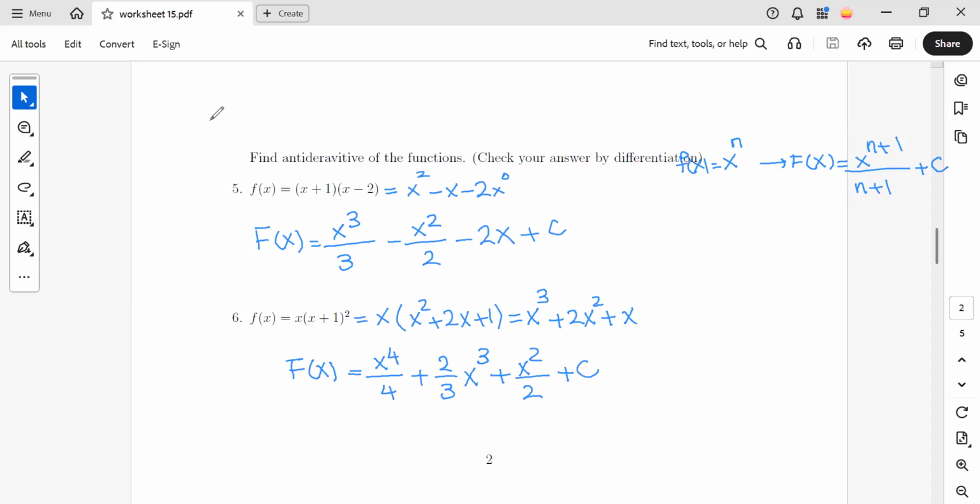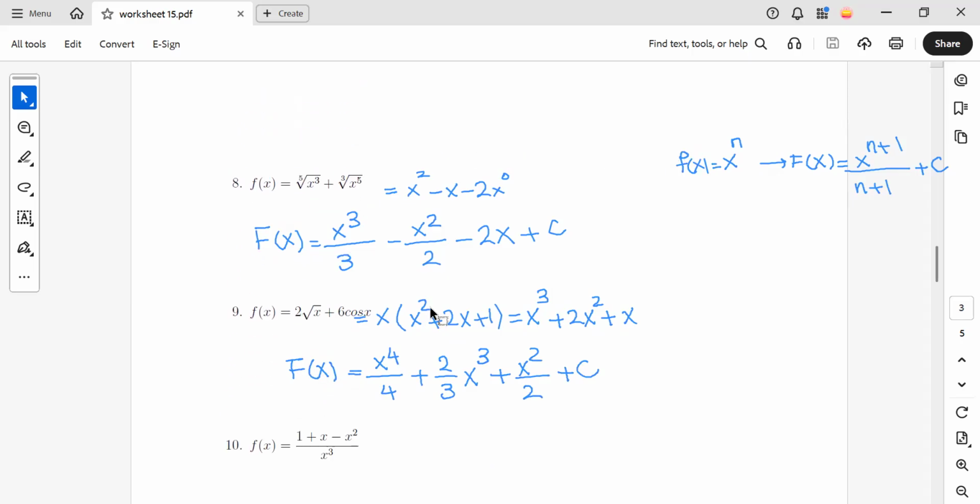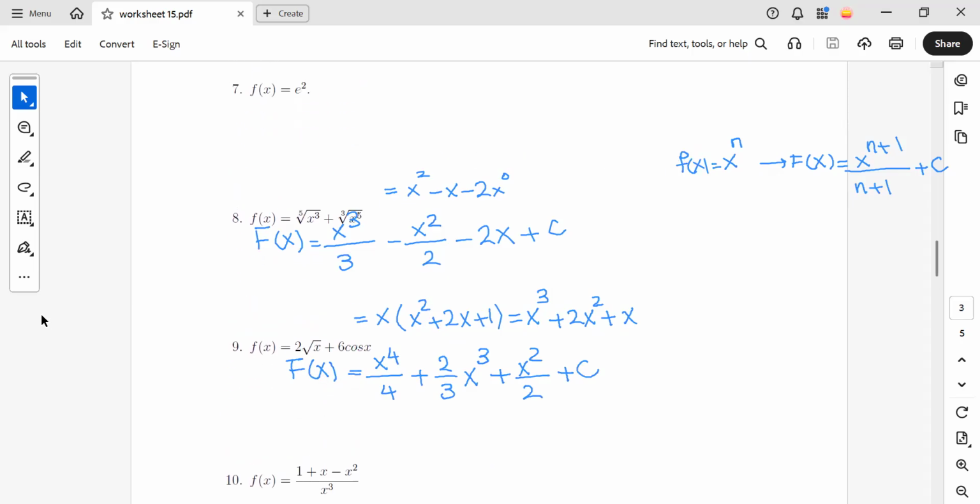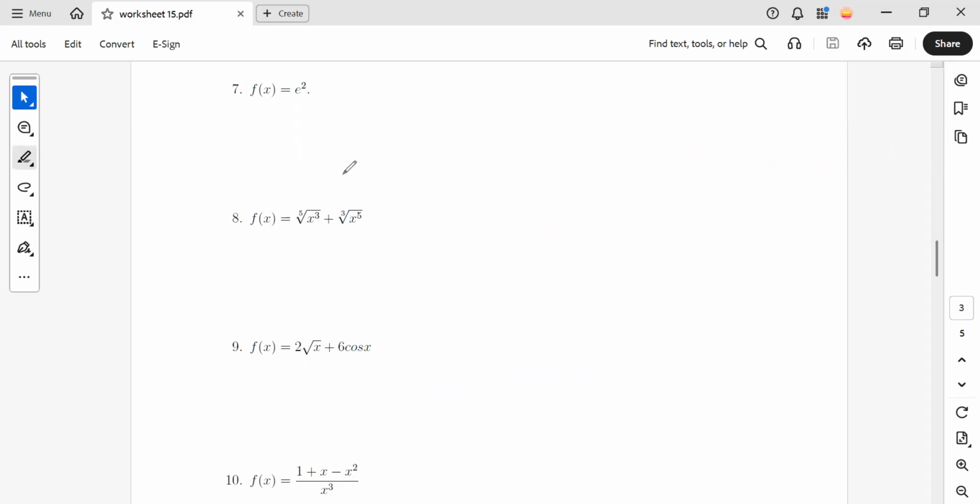Okay, next one, next page. First one, you may think, okay, this is e to 2, so we would add 1 to the power. But think of e, it is a number. A number to the power 2 is also a number.